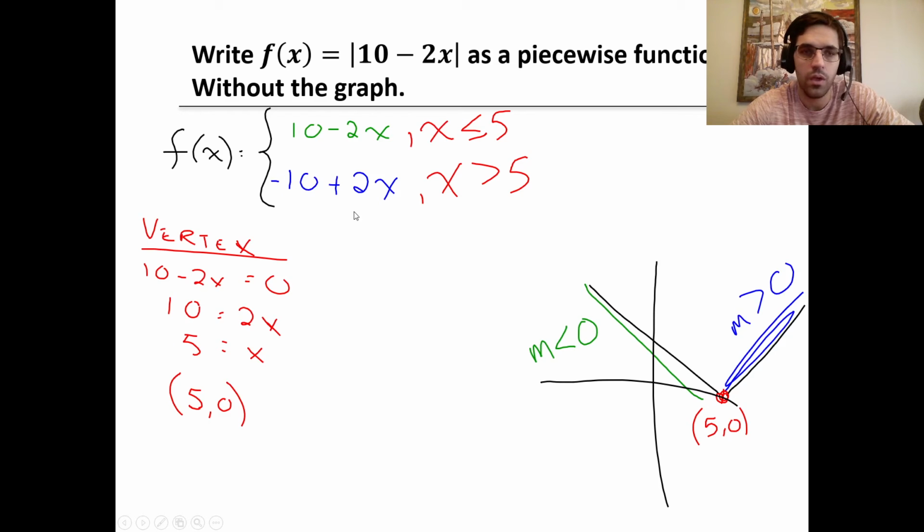And so we know the positive slope should be on the right. So this is our expression of our linear equation when x is greater than 5, or to the right. Now again, we put the inequality on the top. We could have just as easily put that equality piece on the bottom and it would still be correct.